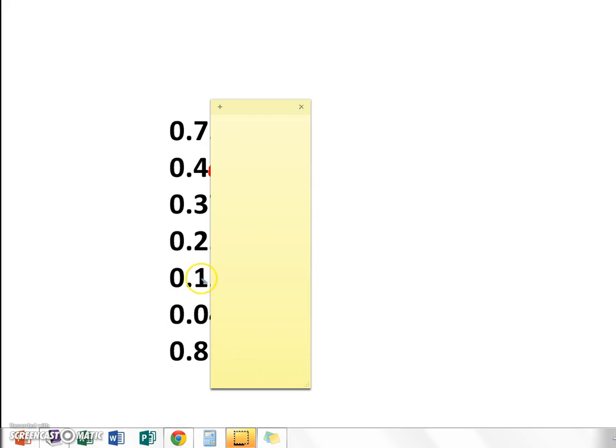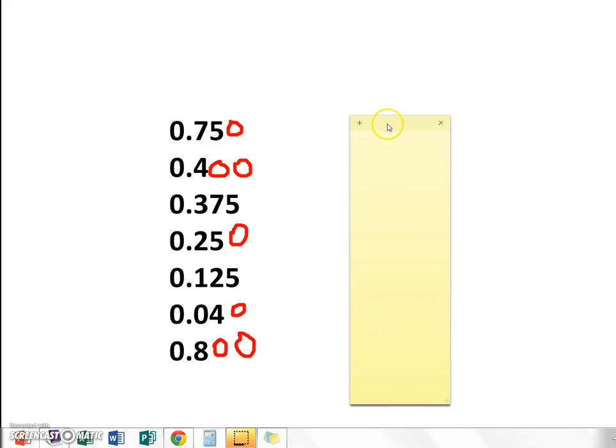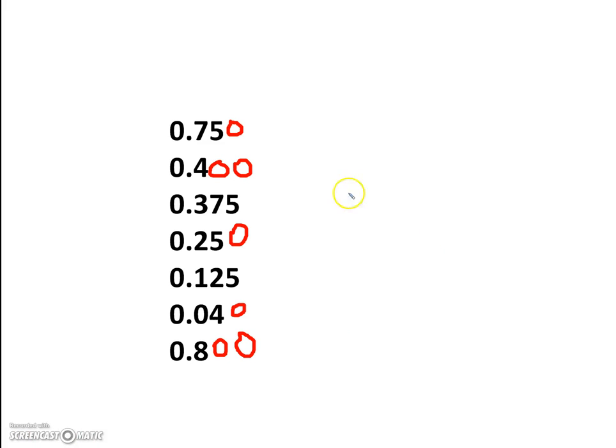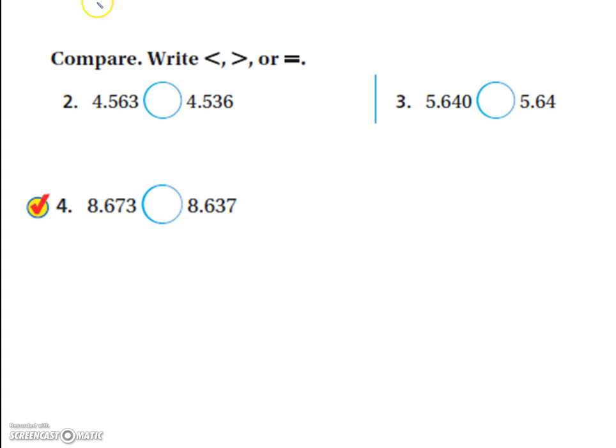That's the smallest. Then we have 1, 2, 3, 4, 7, and 8. And there I just put them in order. If I just pop this 8 up to the top, then I would have them in order from greatest to least. So much easier than looking at it like this and seeing all these numbers and getting stressed out about it.